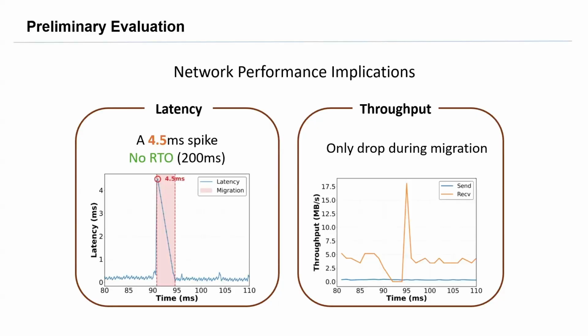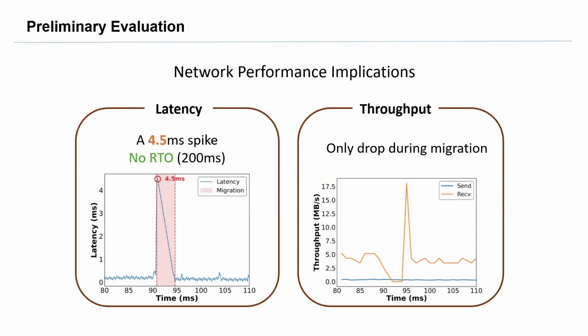We also evaluate this framework on its network performance implications. The latency we introduce for the request latency is about 4.5 milliseconds, which is basically equal to the latency of the migration process. And since we guarantee the zero loss feature during the migration, we do not cause any retransmissions.